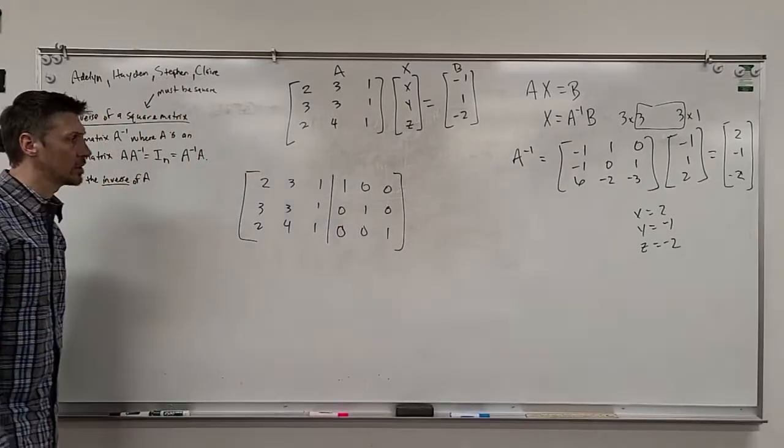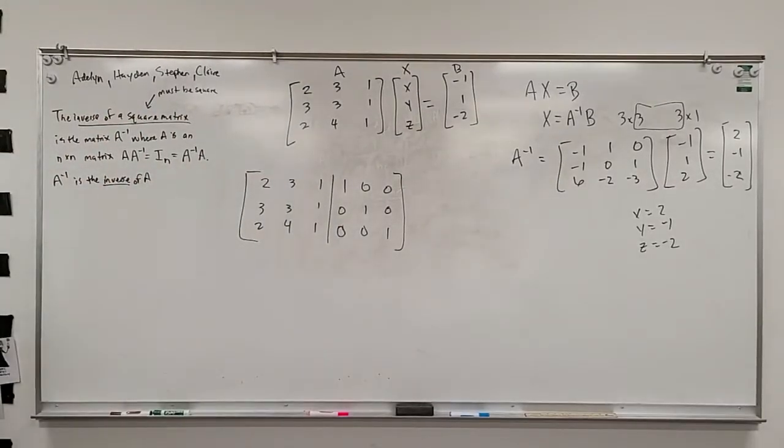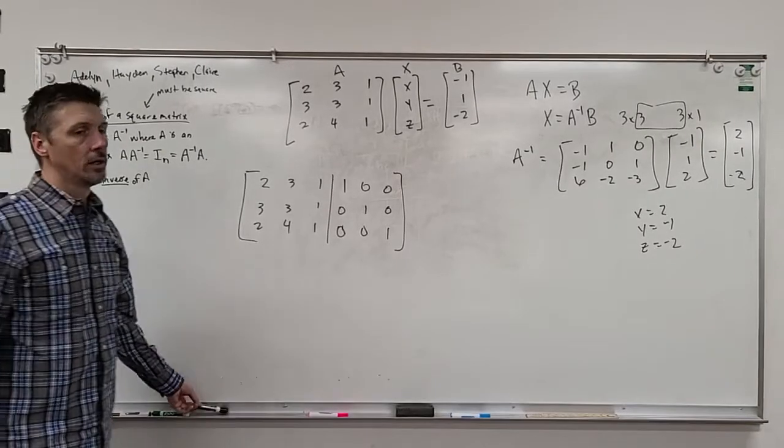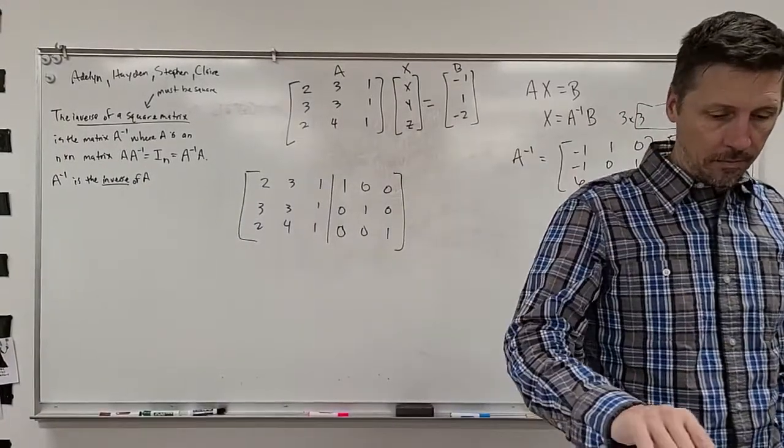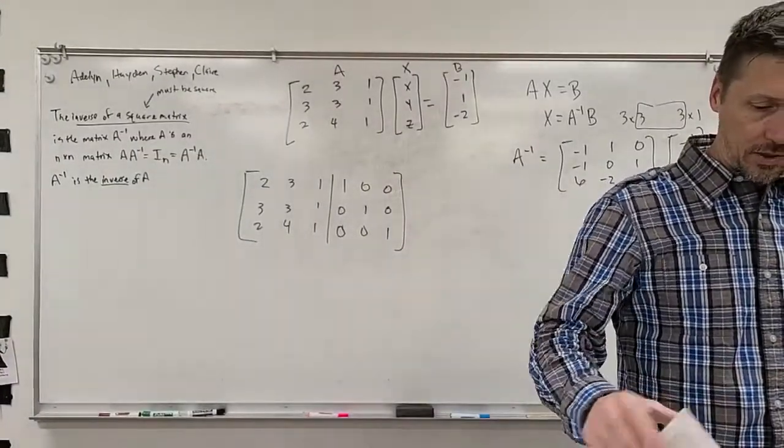So we can solve a system of linear equations like that by going through these steps. Any questions? Just another set of tools in your arsenal for solving these types of problems.